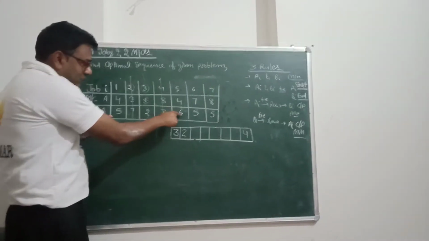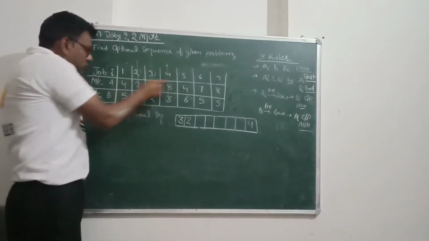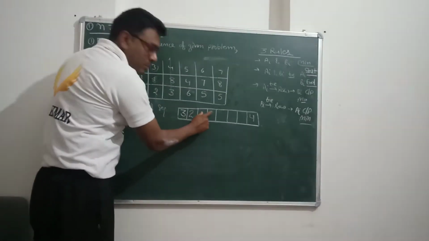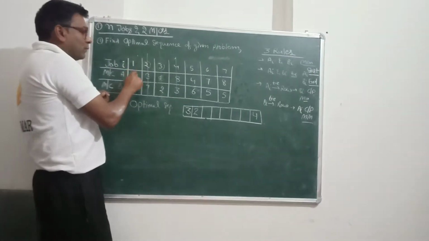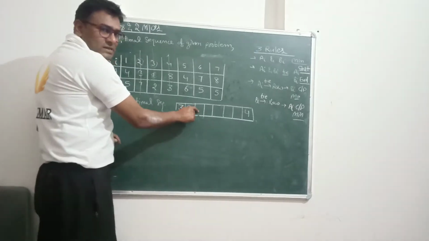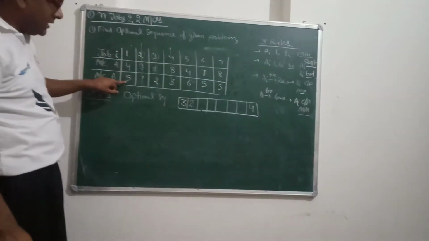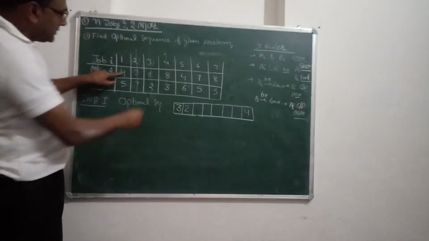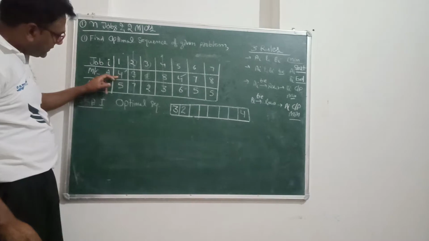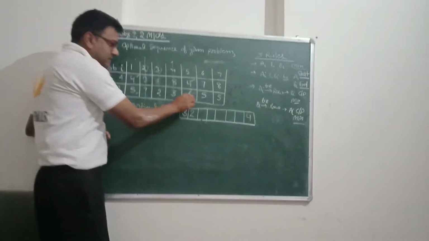As these tied values lie under machine A, these have to be entered here, but which job will come first can be selected only by the values given in table B. Now this is 5 and this is 6.